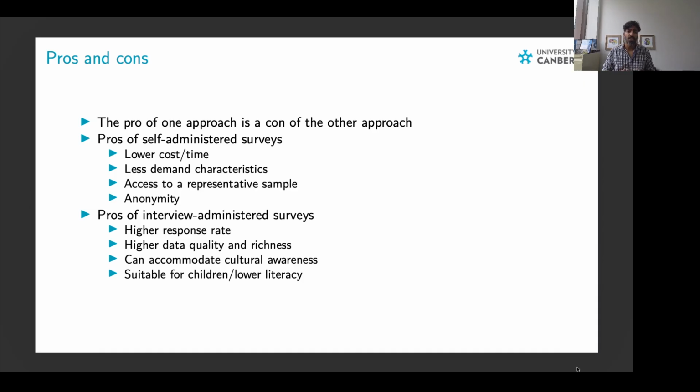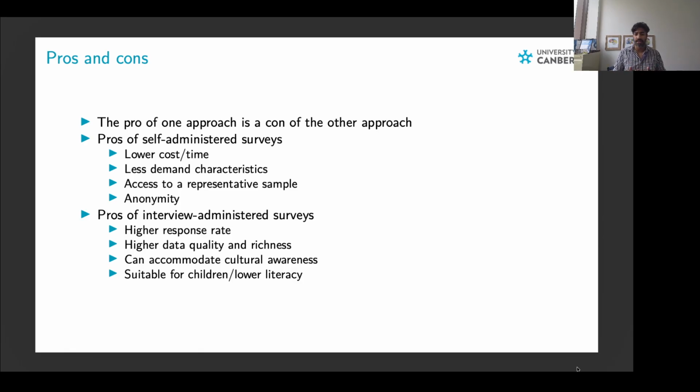It can accommodate for cultural awareness as well when the survey is administered face to face. An example of this could be in terms of how surveys are administered in indigenous populations. I think it's less likely that you're going to have self-administered surveys.